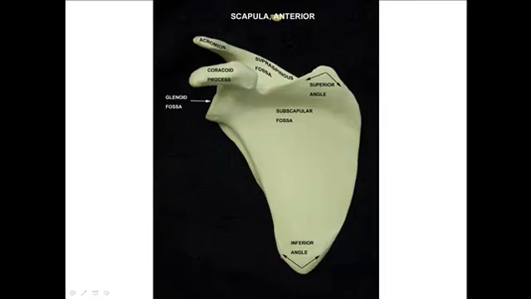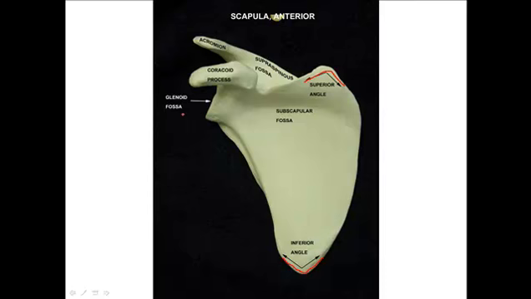So at the very bottom is the inferior angle. And then, of course, there's a superior angle. This particular scapula is a little bit different than most that I've seen, but you'll need to be able to identify any scapula, as again, everyone's anatomy is different.